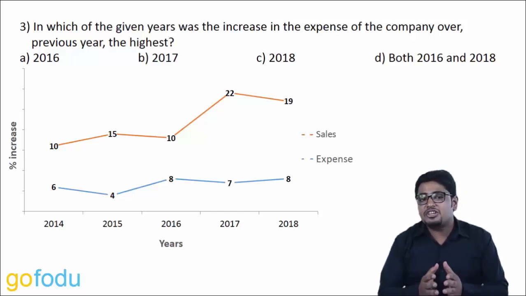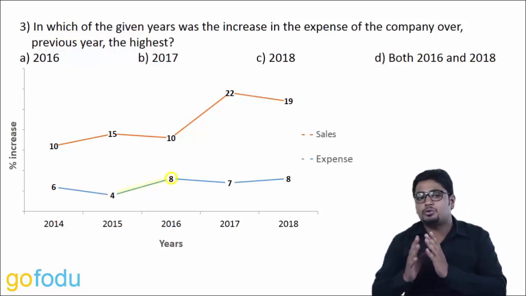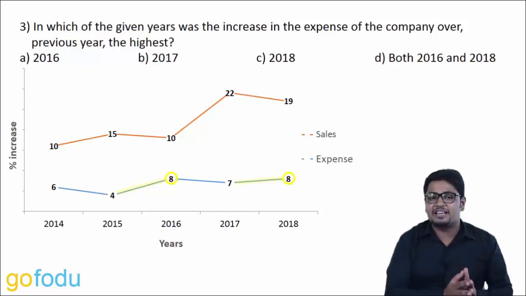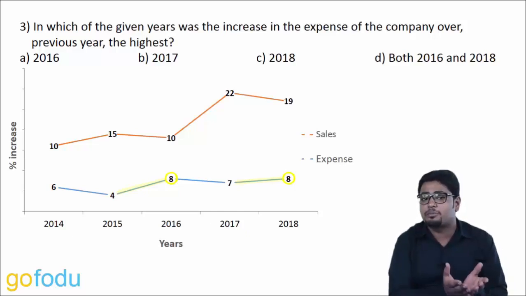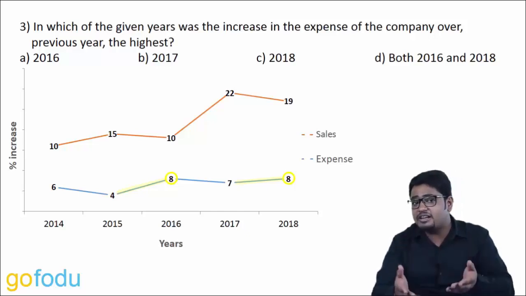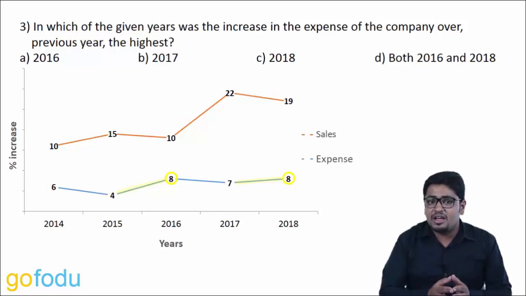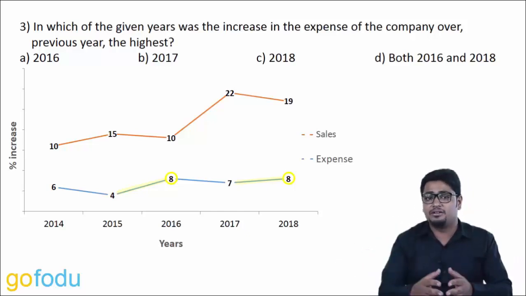Now, an increase of 8% is recorded in both 2016 and 2018. But in 2016, the increase was on a smaller base. After the increase, the expense became bigger. In 2017, again a 7% increase made it even bigger.